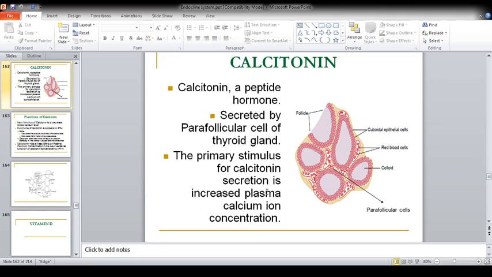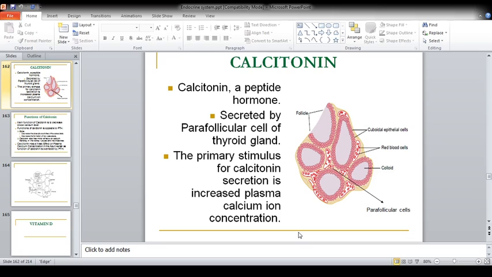Calcitonin is the hormone that would be released when there is increased calcium in the plasma. So the primary stimulus for calcitonin secretion is the increased plasma calcium ion concentration. If there is decreased calcium ion concentration in plasma, parathyroid hormone is released and calcitonin is not released or stopped.